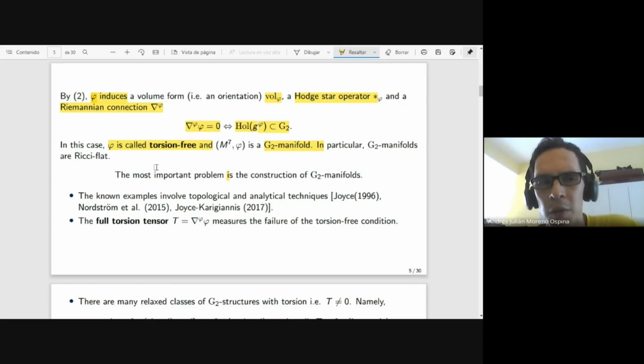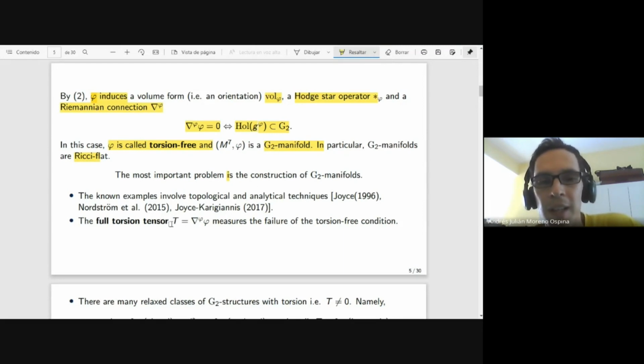In particular, G2 manifolds are Ricci flat, and the most important problem in G2 geometry is to construct G2 manifolds, meaning metrics with holonomy contained in G2.